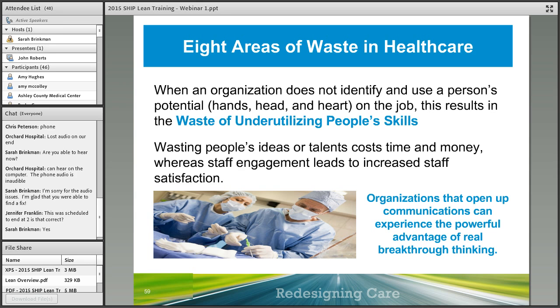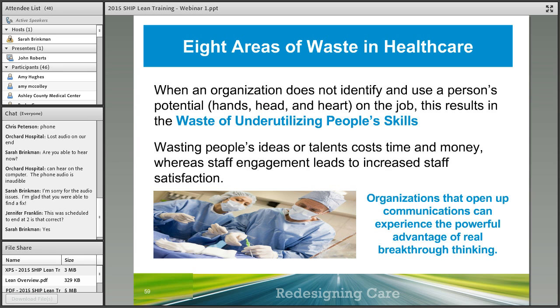The last waste we look at is really looking at underutilizing people's skills. Anytime we waste people's ideas or their talents or their time or their skills, that's really a waste of underutilizing people's skills. And we want to engage people to be able to do the things they need to do.